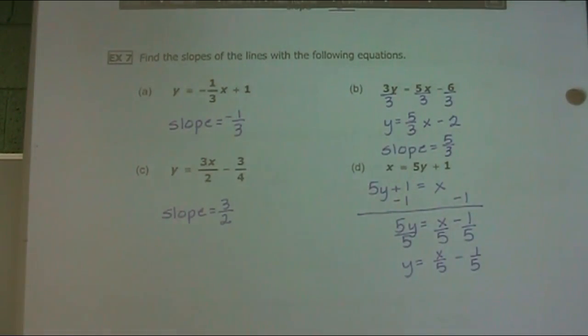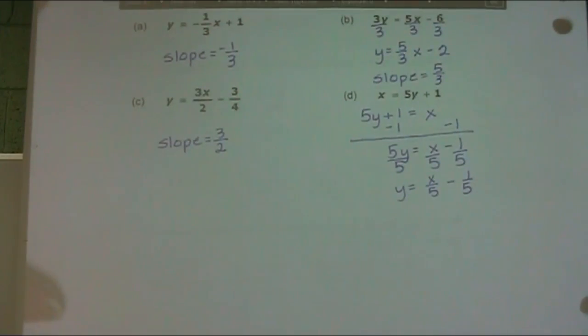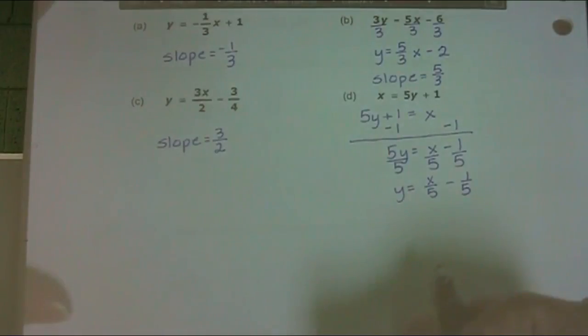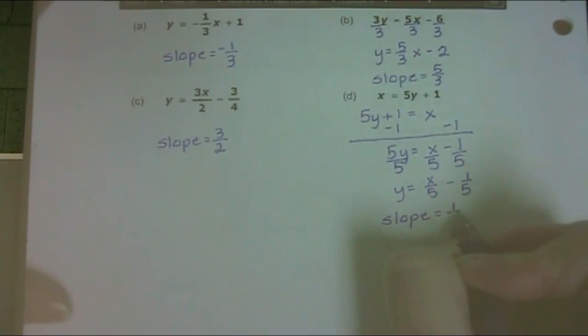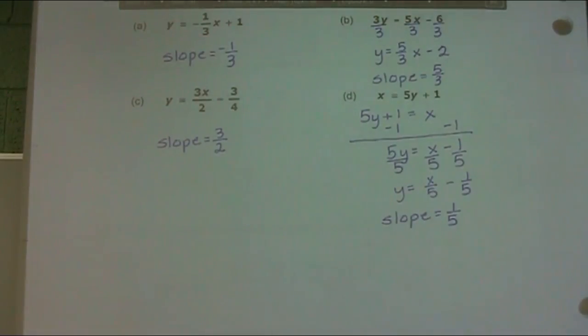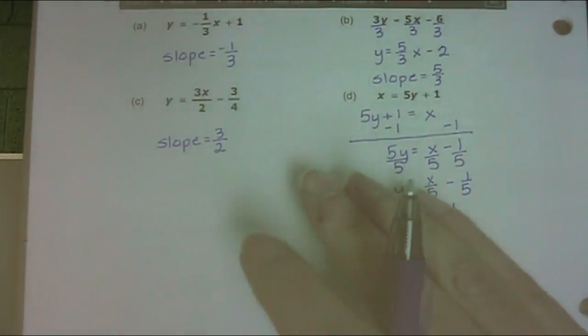Now this is in slope-intercept form, so now I can find my slope. And my slope in this particular case is the coefficient of x, and that slope is 1/5. It's very easy to find the slope in slope-intercept form. But we also have a way to do this when we're in standard form.